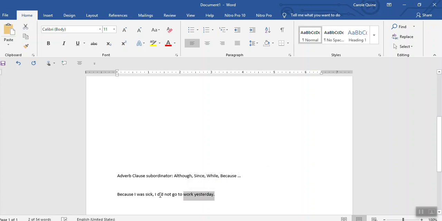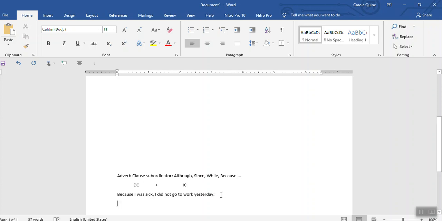So I have now a dependent clause hooked on to an independent clause. So in other words, I have a complex sentence. And remember, when you put the dependent clause in front of the independent clause, you use a comma, okay?